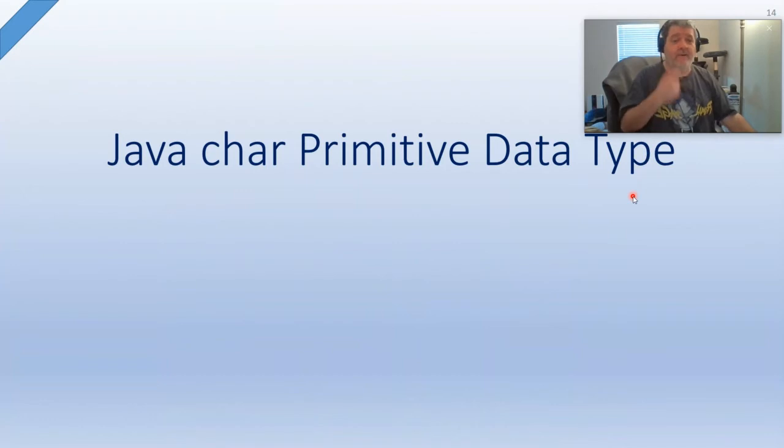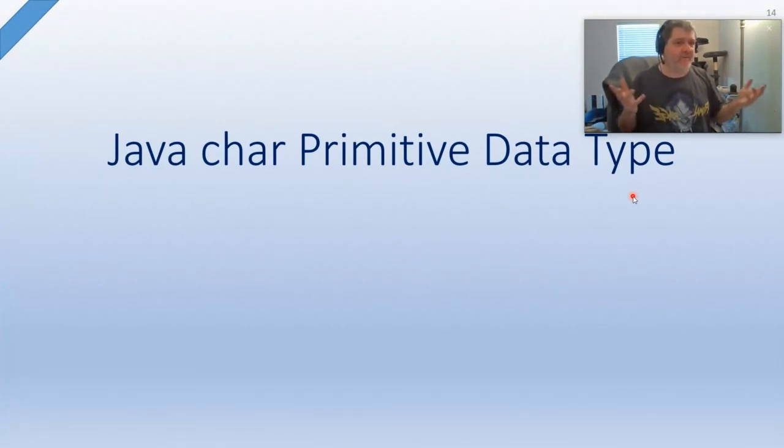Let's take a look at the char primitive data type. And we're not going to only look at the char primitive data type, because we did that already, but we're going to also look at the Character class with an uppercase C. So it's going to introduce to us the notion that every one of the primitive data types in Java, so int, long, char, float, double, and I forgot some, byte, boolean, each of those primitive data types that are spelled all lowercase, they have a class counterpart.